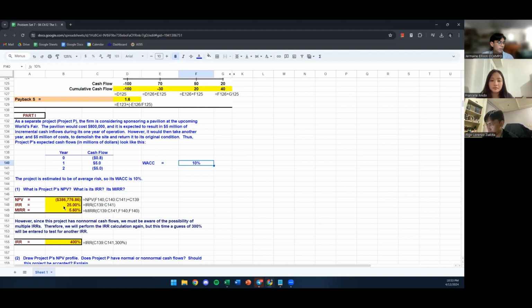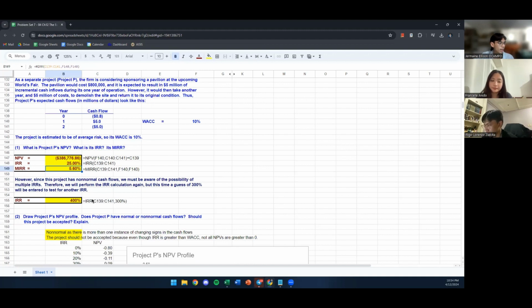And lastly, we computed the IRR using the cash flows here, using the Excel function IRR, and we computed an IRR of 25%. And for the MIRR, we used the same values for the cash flows for project P, and used the 10% WACC for the refinancing rate and reinvestment rate.